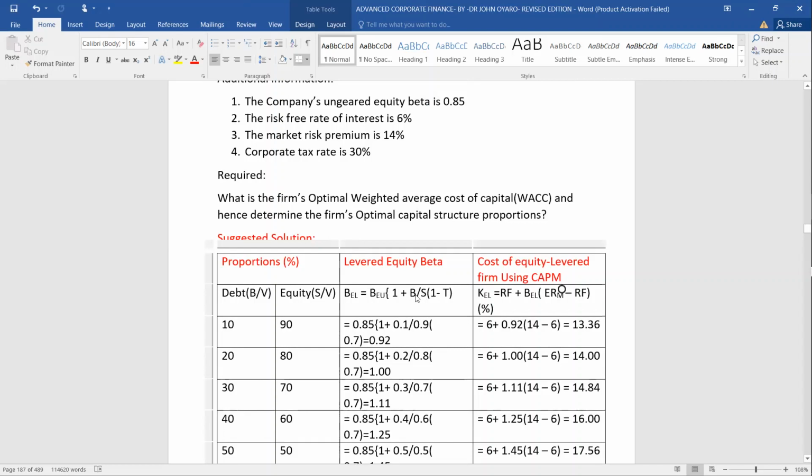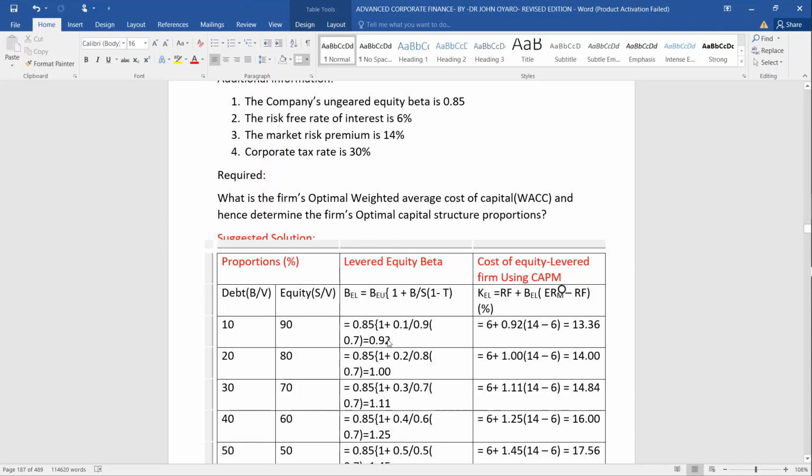In this question we have no market value of debt in shillings, and no market value of equity in shillings. Therefore, the alternative is the market value proportion of debt, in this case 10%, and the market value proportion of equity, in this case 90%.